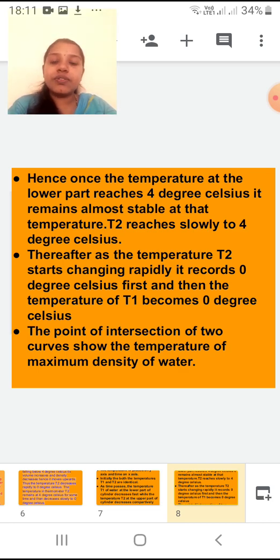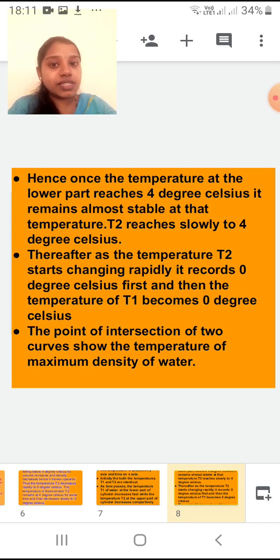Now there will be a point of intersection. As I told you, both will be at 4 degrees Celsius, right? T2 will also stay at 4 degrees Celsius for some time. So the point of intersection of these two curves shows the temperature of maximum density. As here everywhere we are saying 4 degrees Celsius, both the temperatures are remaining stable for some time.